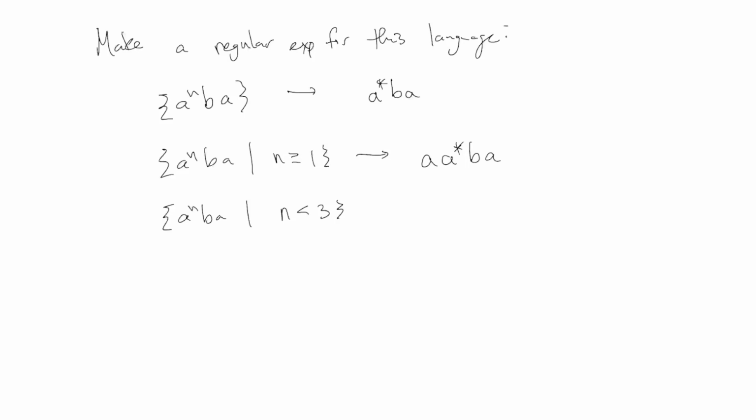Now what he said, I'm going to write something slightly different from what he said, but it's the same. I'm going to say empty string or A or AA followed by BA, right? So this means that first part there, I'm just choosing, it's either nothing or 1 A or 2 A's. And then that stuff is followed by BA. Now what he said before is also not wrong.